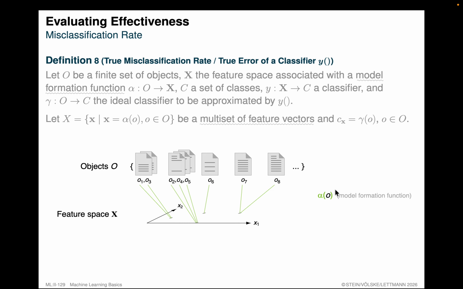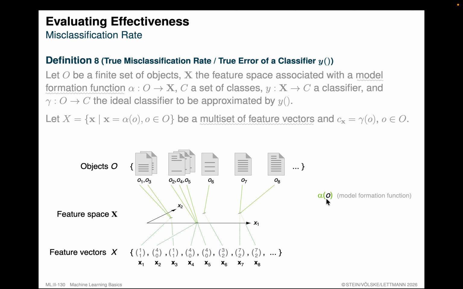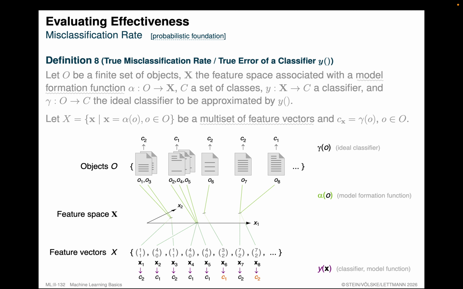The objects are mapped by the model formation function, and these are the feature vectors that we actually get in our multiset X. So all the objects that we encounter are mapped by alpha, and they are also duplicates somehow here. The ideal classifier maps these objects to their class. And the model function maps the feature vectors to their class.